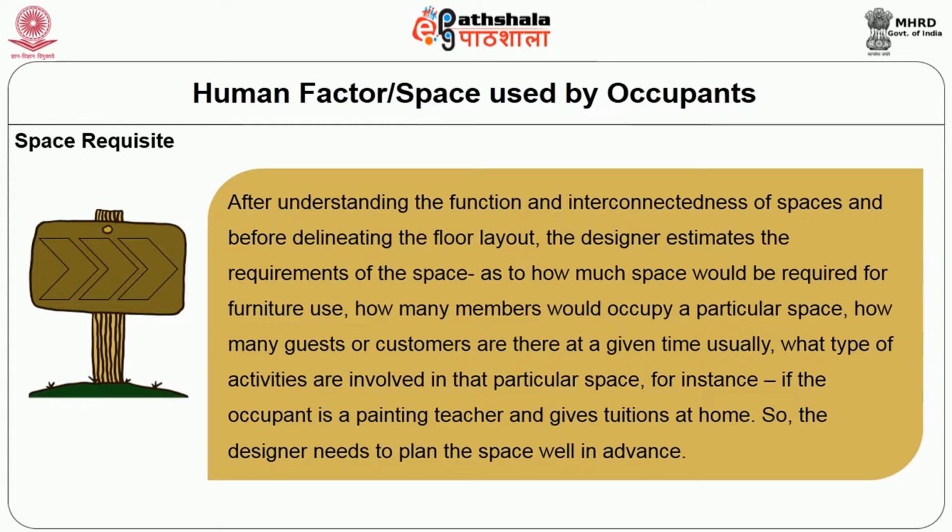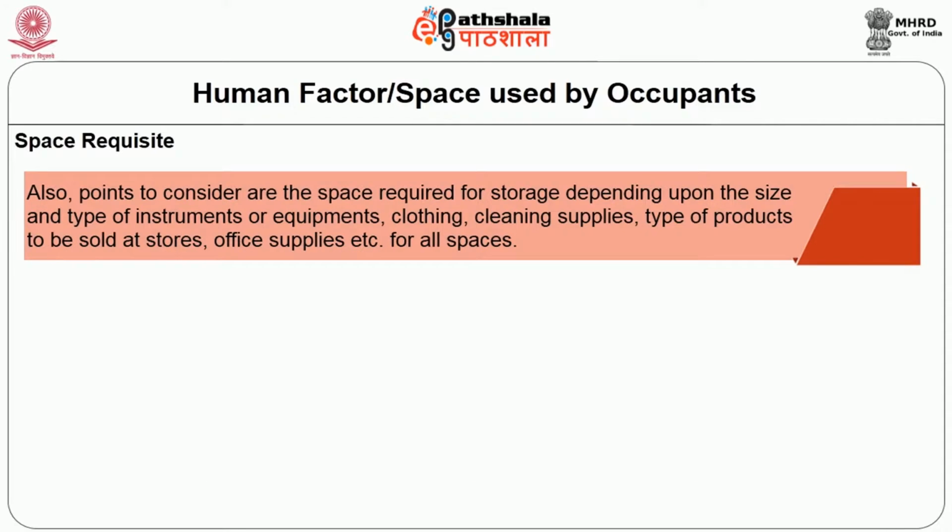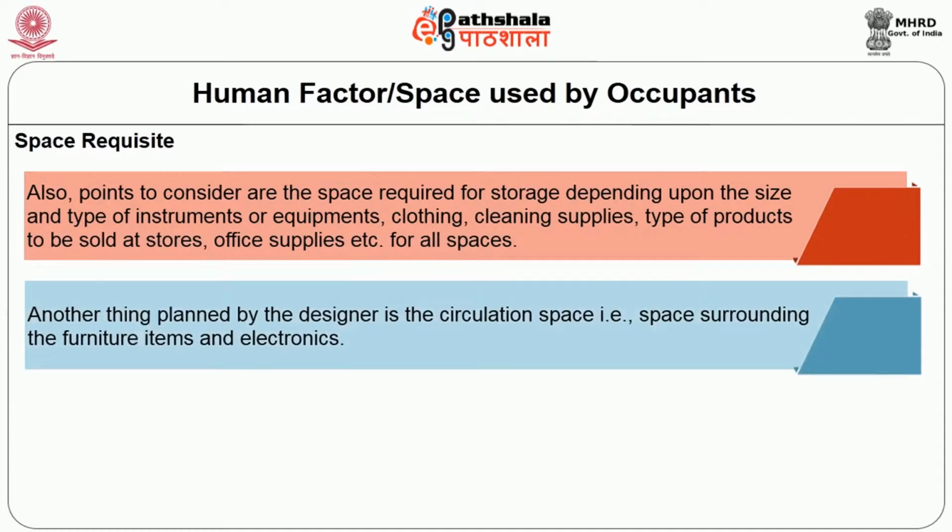For instance, if the occupant is a painting teacher and gives tuitions at home, the designer needs to plan the space well in advance. Also, points to consider are the space required for storage depending upon the size and type of the instruments or equipment, clothing, cleaning supplies, type of products to be sold at stores, office supplies, etc. for all spaces.